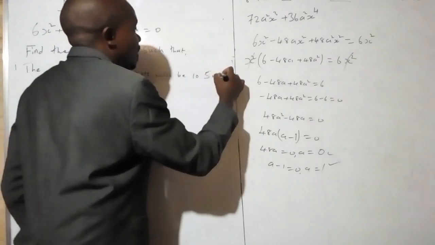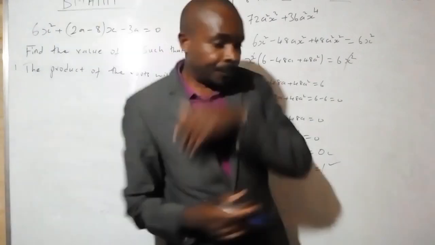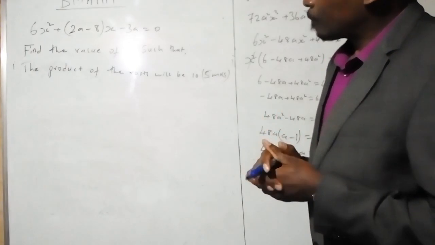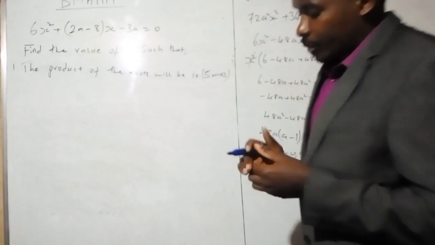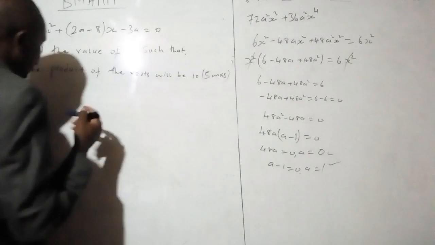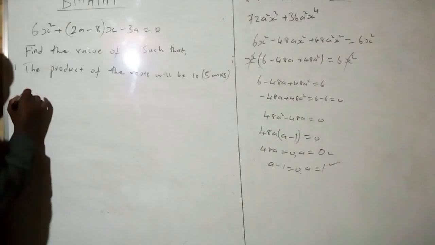We have that equation. In that equation, we are going to develop this. We say that ax squared plus bx plus c is equal to 0.